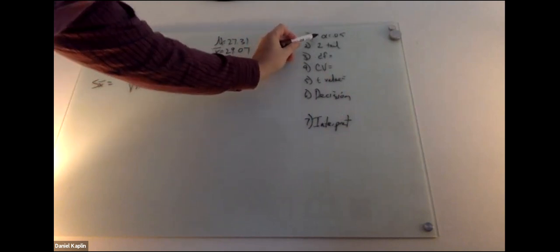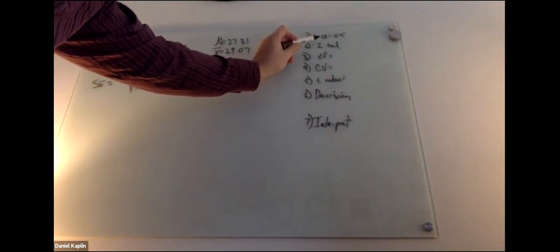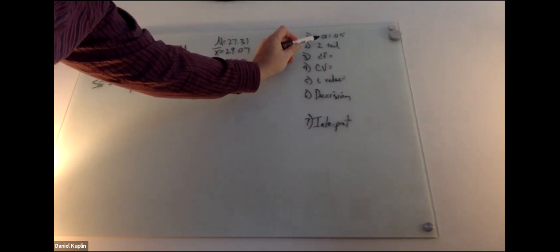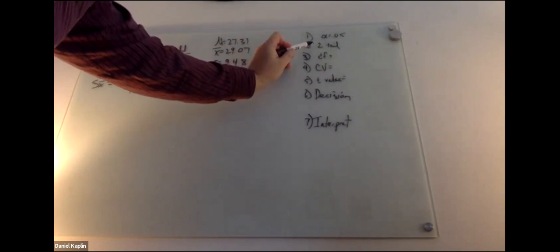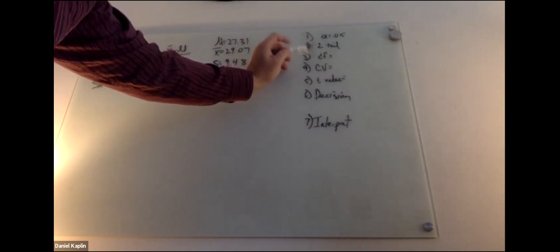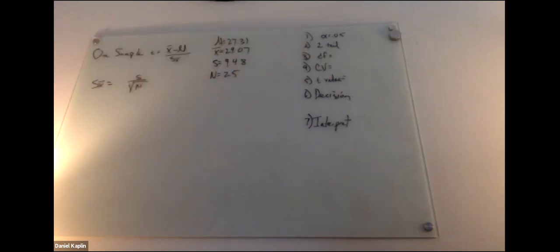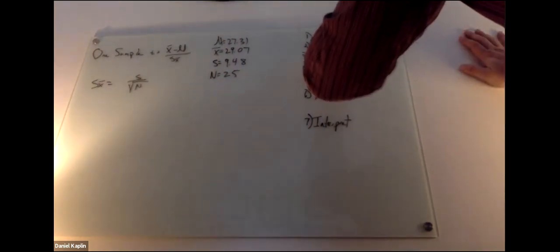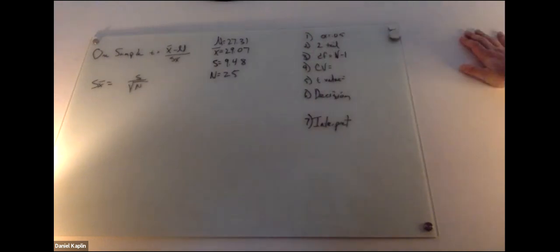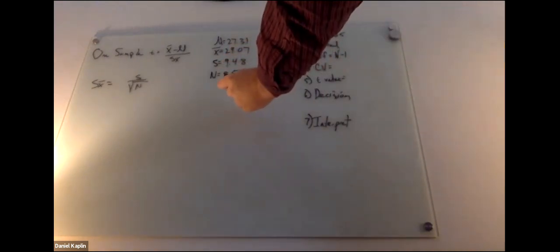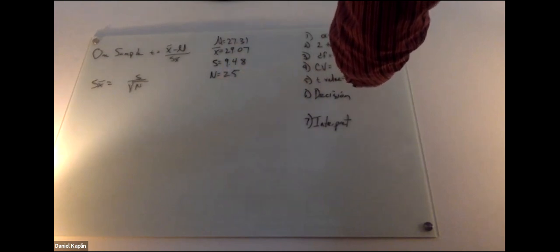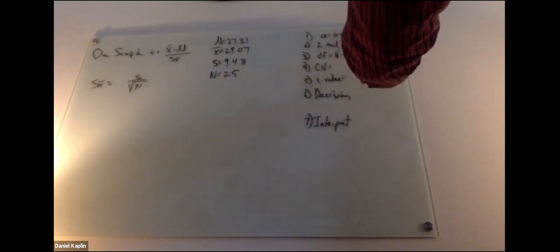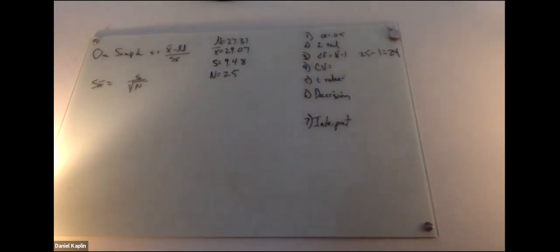Now I kept the alpha, or the level of significance, at 0.05 because that's standard alpha. I kept it as a two-tailed test. Degrees of freedom, you may remember, was n minus 1. So when we look at our n, it is 25. So that would be 25 minus 1, or 24 degrees of freedom.